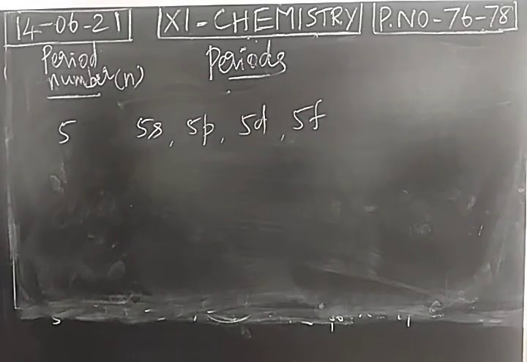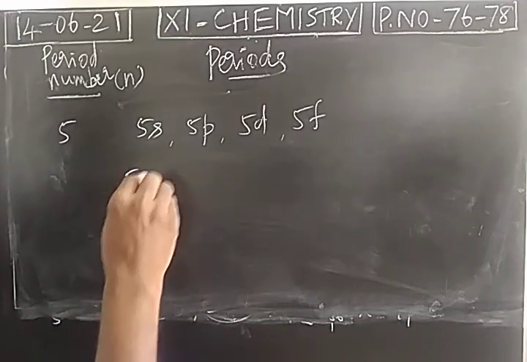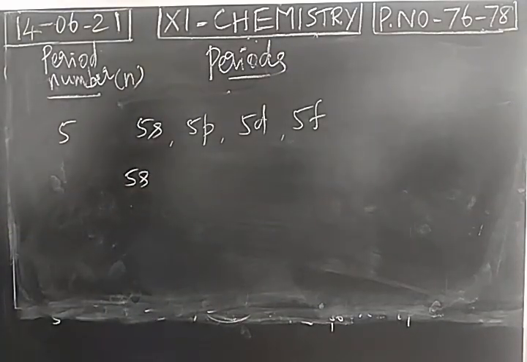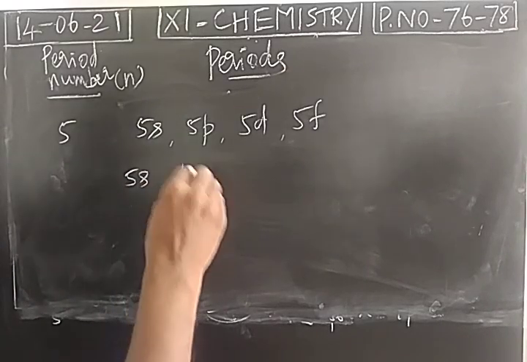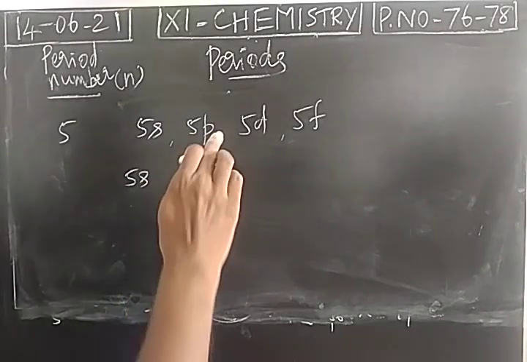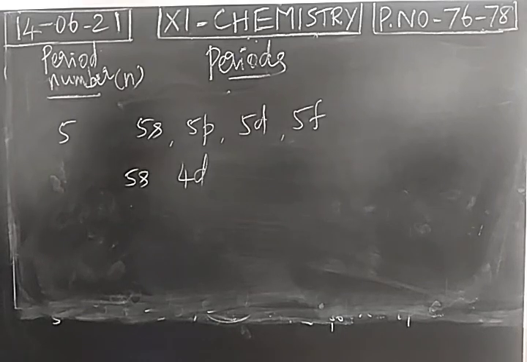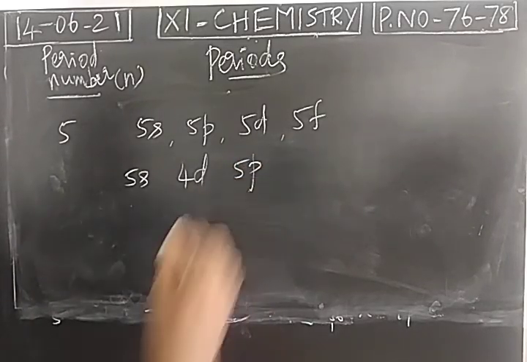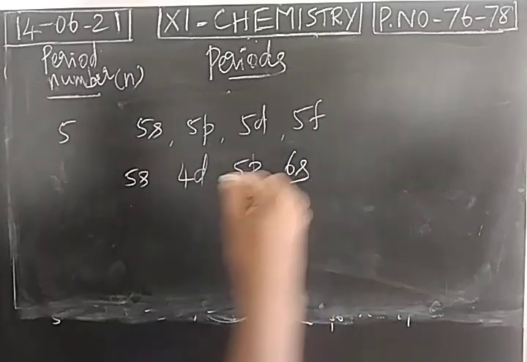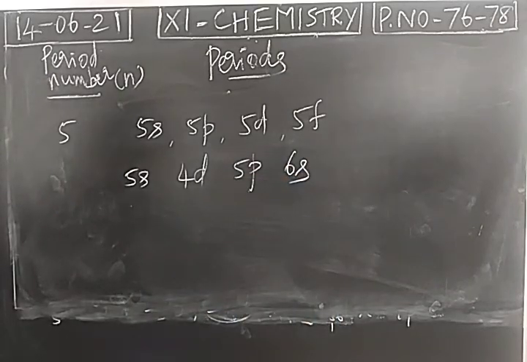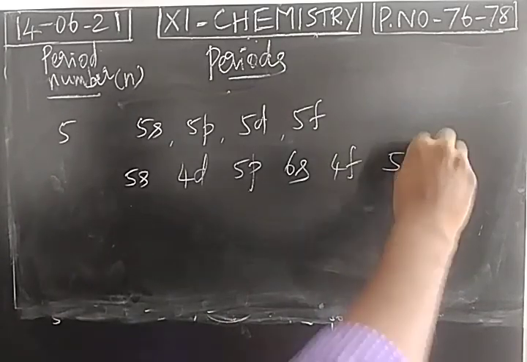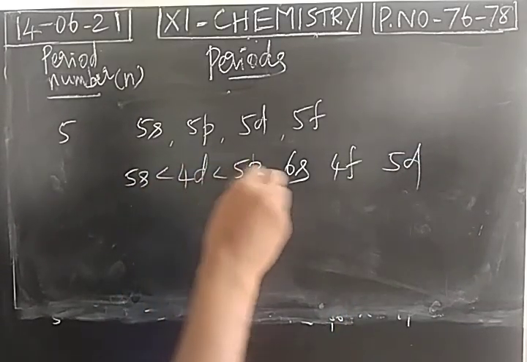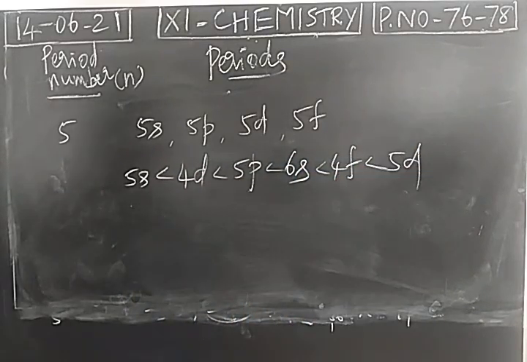But what is the correct order of filling of orbitals? 5s orbital, then before 5p, 4d orbital will be filled, then 5p orbital, then 6s orbital will be filled, then only 4f orbital will be filled, then 5d. So according to Aufbau principle, this is the correct order. Okay, right?